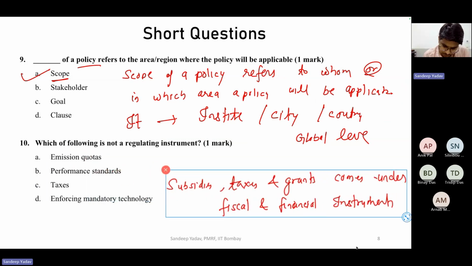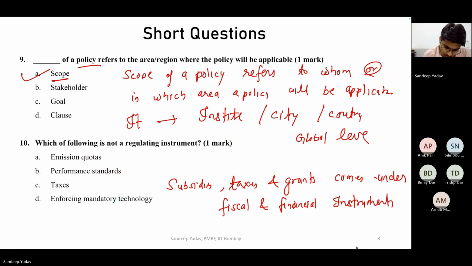Emission codes, as you explained, are regulating instruments, as are performance standards and enforcing mandates. So taxes are not a regulating instrument. Taxes, subsidies, or grants come under the financial or fiscal instruments. So the right option will be taxes.